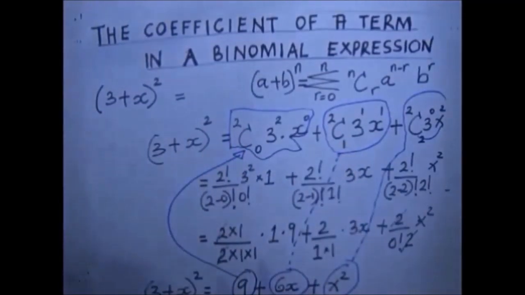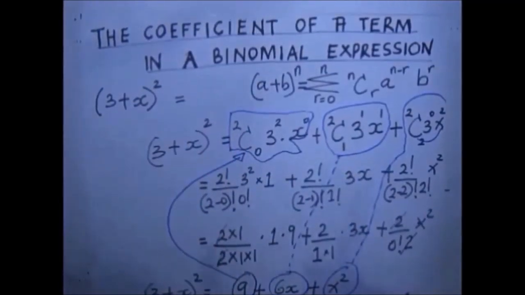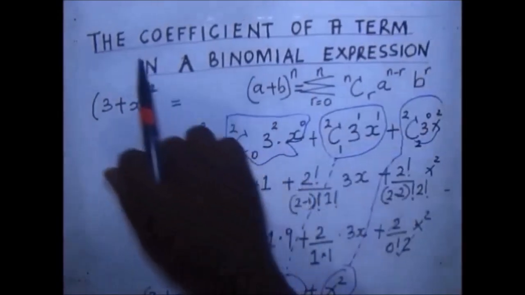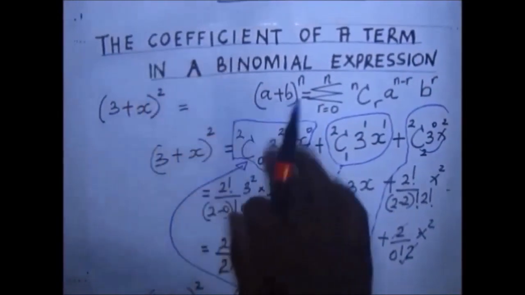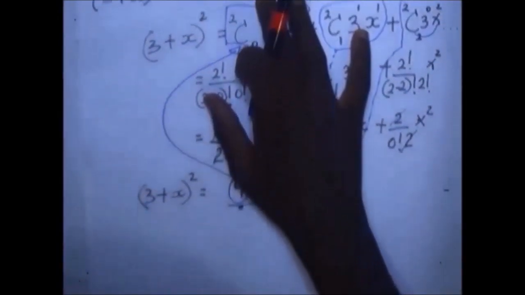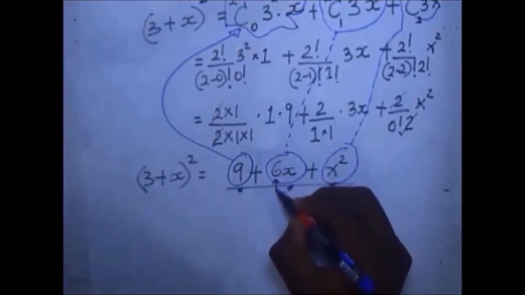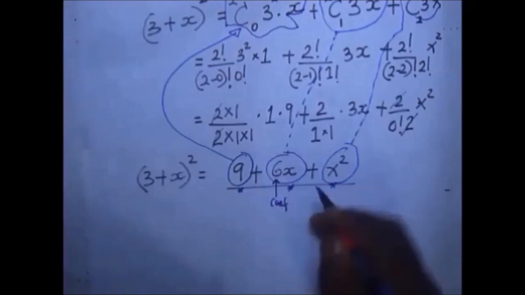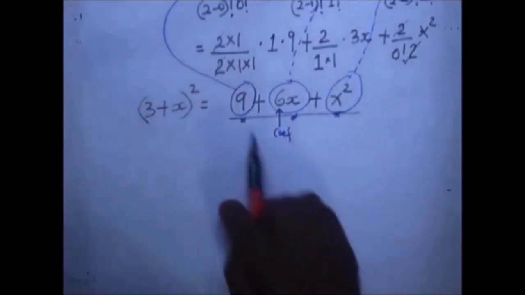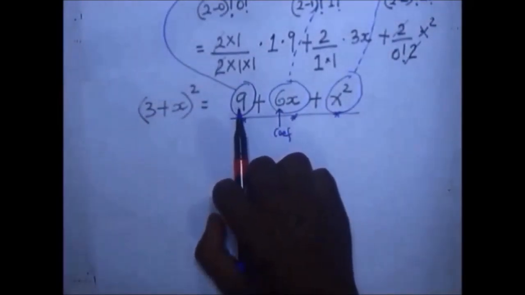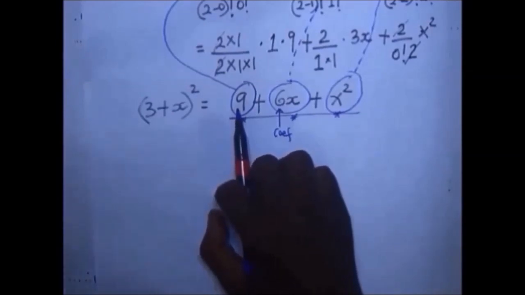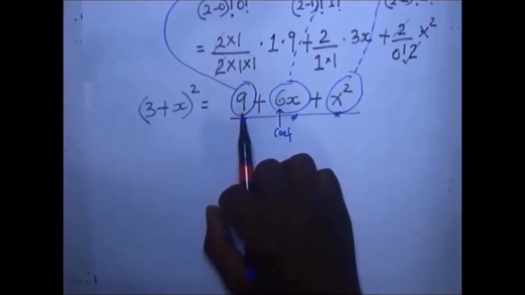And so now this video is telling how we find the coefficient of the term of the binomial expression. If this is a term in a binomial expression, this is the coefficient of that term. This is called a constant term. A constant term is a term in a binomial expression that does not have an unknown attached to it.